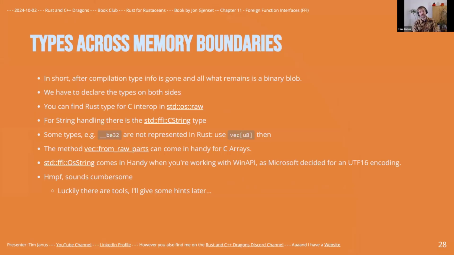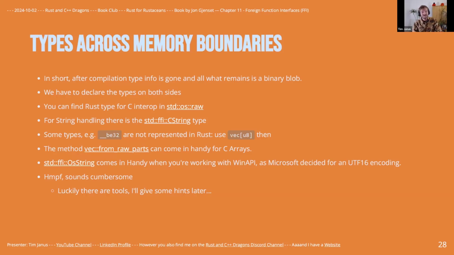So what does that mean for our FFI? There are a lot of types, and in the end, if you want to do FFI, you will rely on the Rust type system a lot. We have to declare them on both sides. Like there's a struct in C, and then there's a struct in Rust, which looks similar.